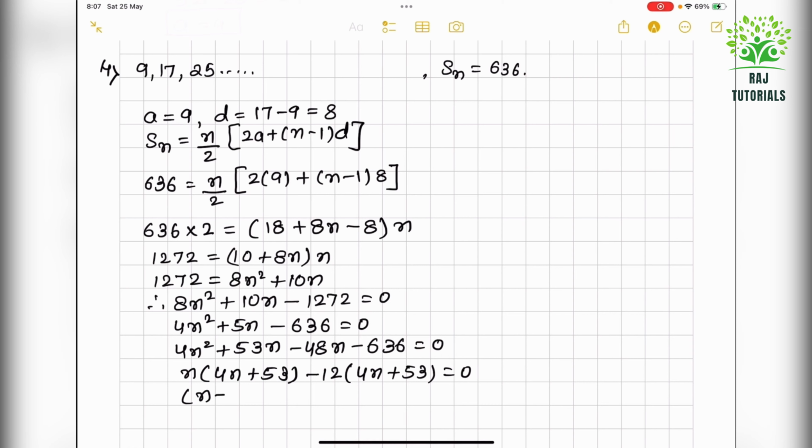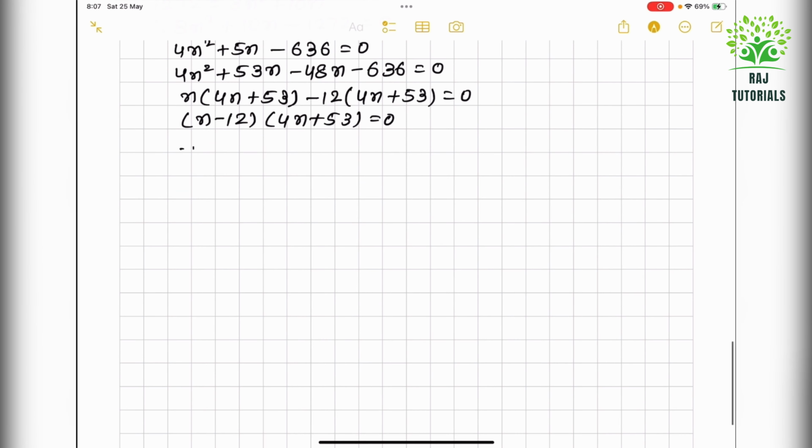So here I will get n minus 12 into 4n plus 53 equal to 0. So either n equal to 12 or n equal to minus 53 by 4. Therefore n equal to 12, because the number of terms will always be positive.